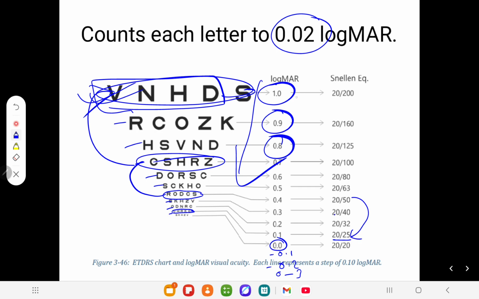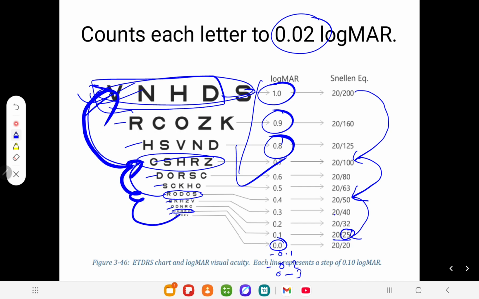So can you see this visual acuity? In case of 20/200, 20/100, 20/50, 20/25. So in every third row it gets half, or every third row it becomes twice, going from lower to higher or higher to lower. It's very important whenever we try to understand another point.